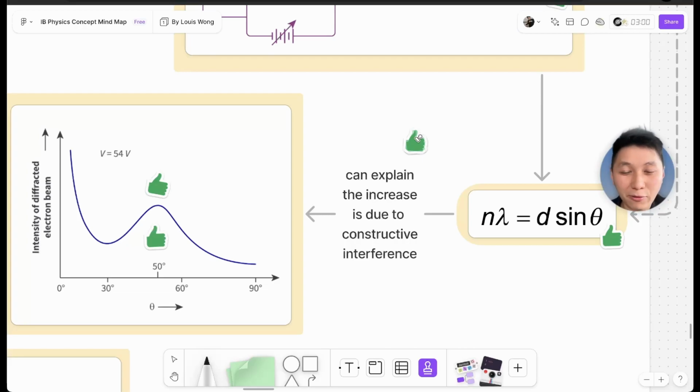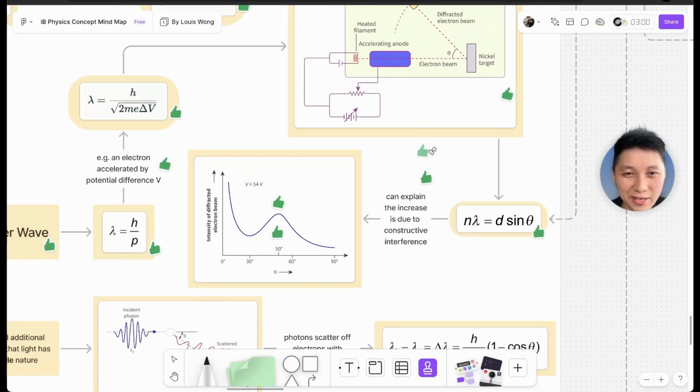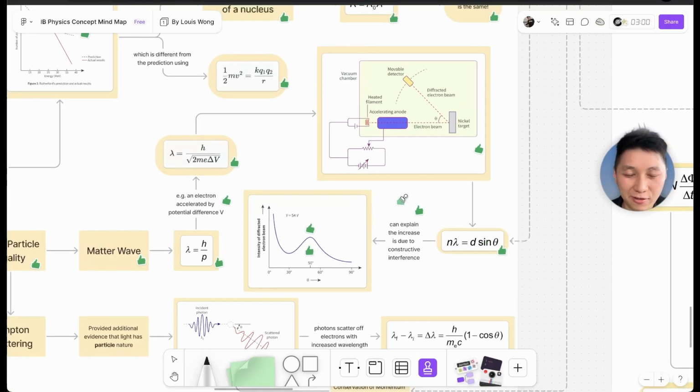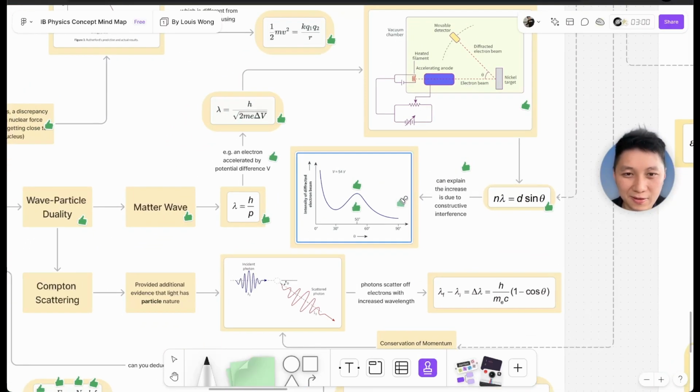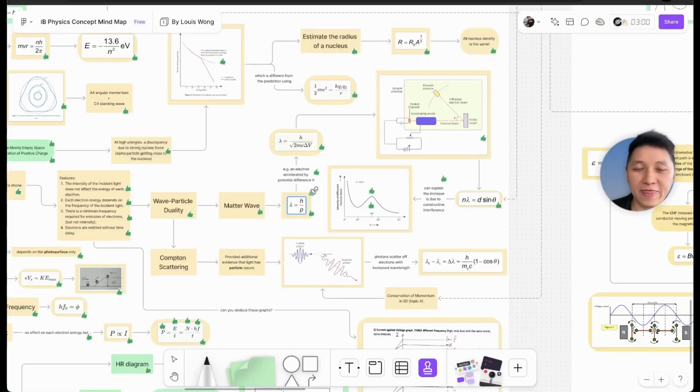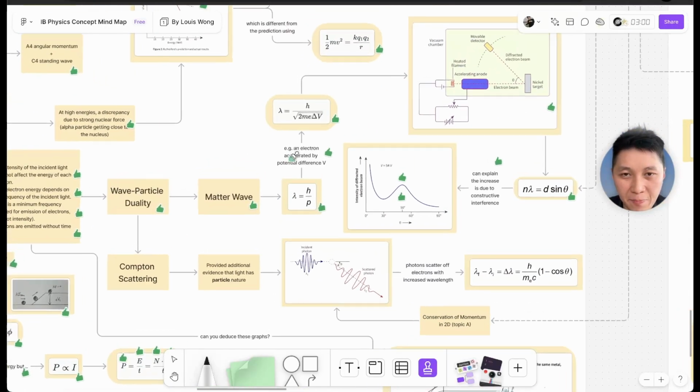And it's mind-blowing because they are still electrons, so how can they somehow have constructive interference?